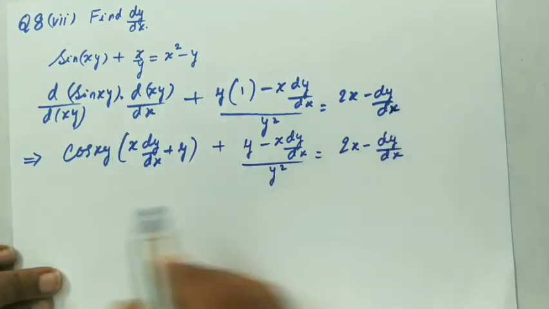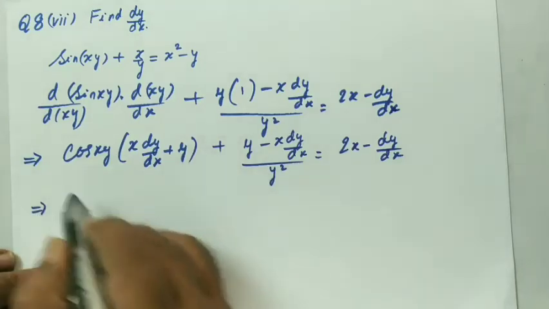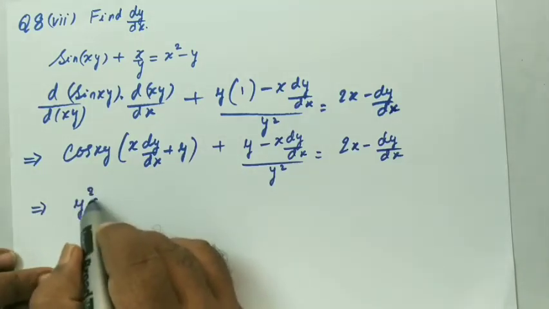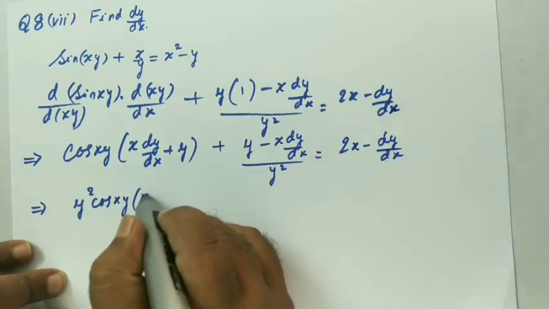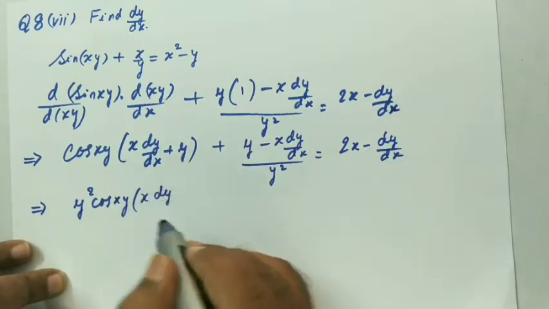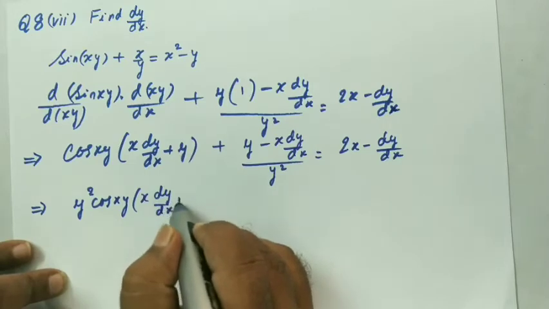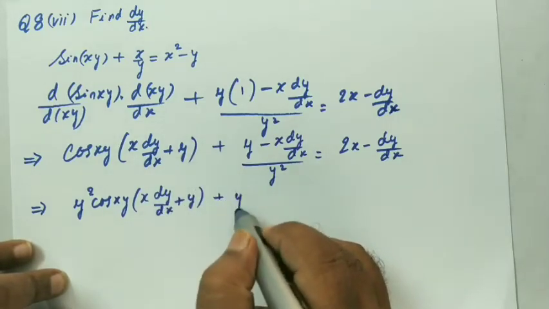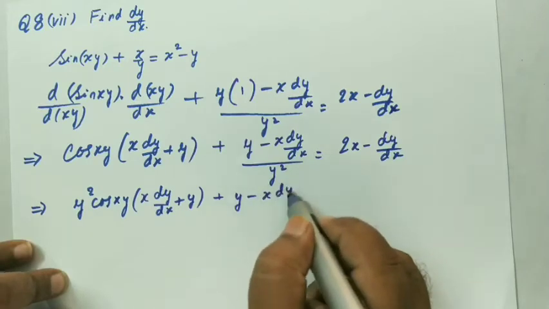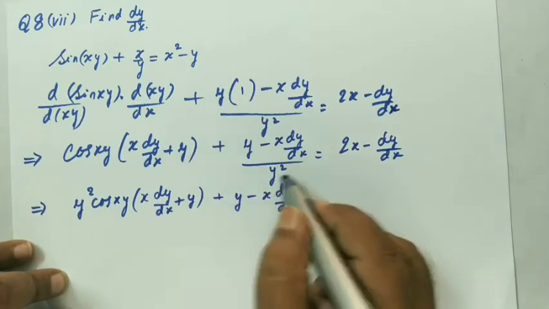I take LCM y square. So y square cos xy. This y square this side.